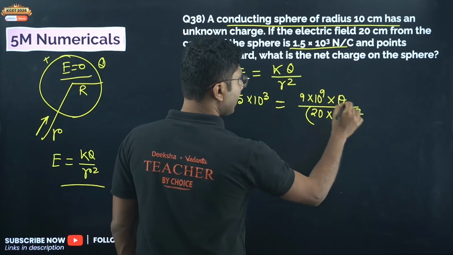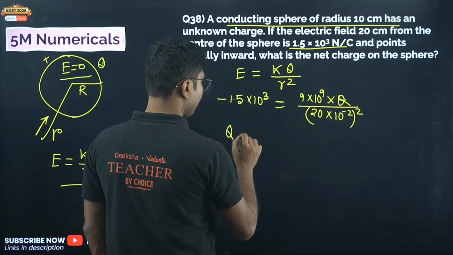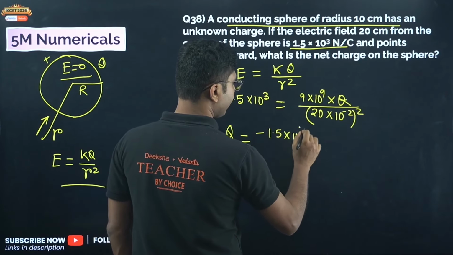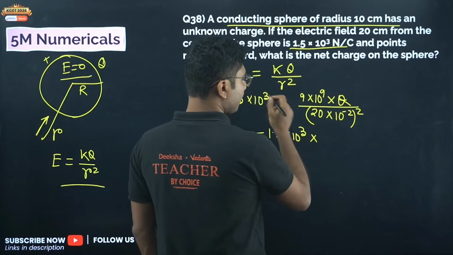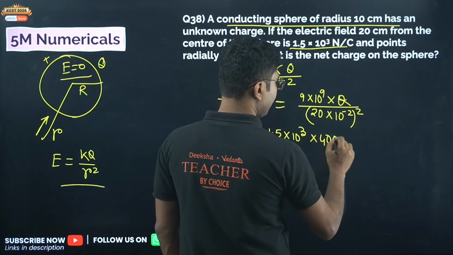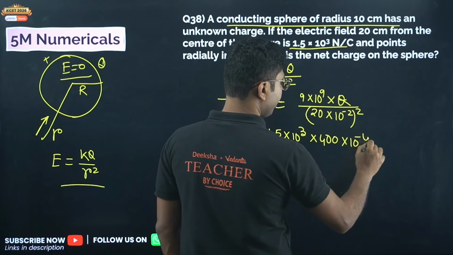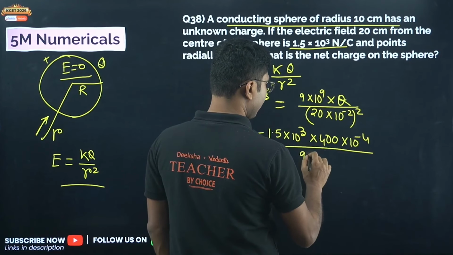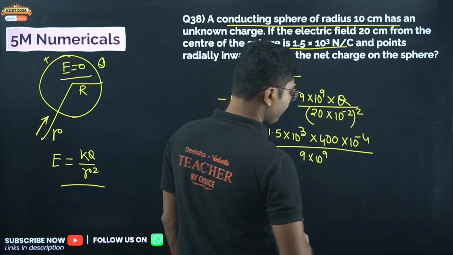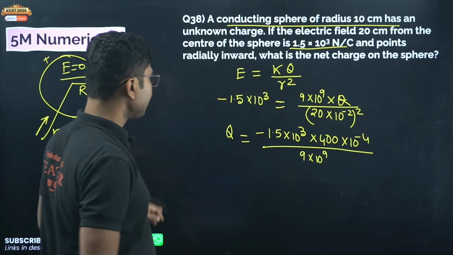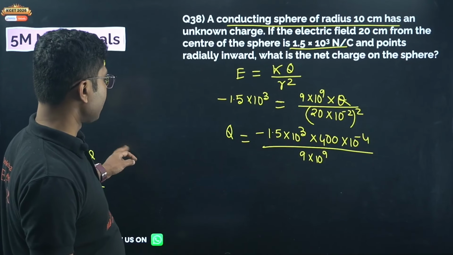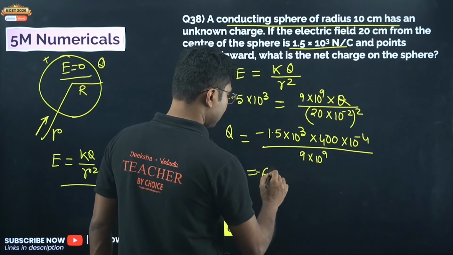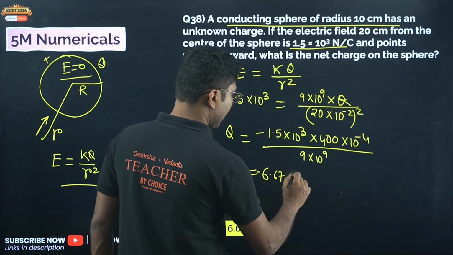Now from here we have to calculate Q. Q equals minus 1.5 × 10^3 times, cross multiply, 400 × 10^-4, since 20 square is 400, divided by 9 × 10^9. If you simplify this, you can calculate the net charge on the sphere, which will come out to be minus 6.67 nanocoulomb.